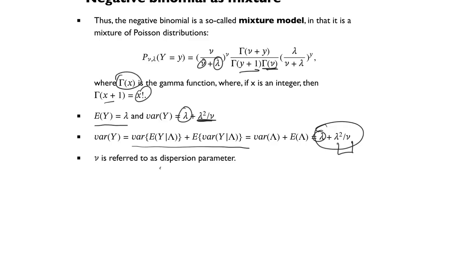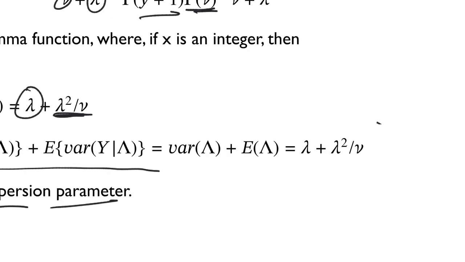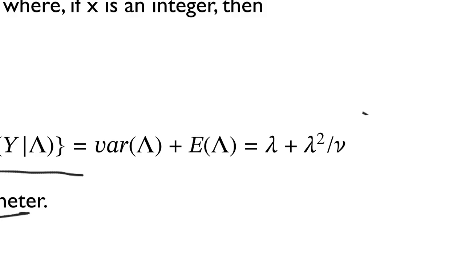And again, this is referred to as the dispersion parameter. You can see as this thing goes to infinity, then this term, here, let me erase this. As the dispersion goes to infinity, then the variance of y goes to lambda, which is Poisson, right?